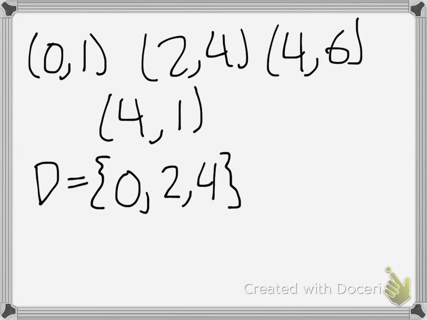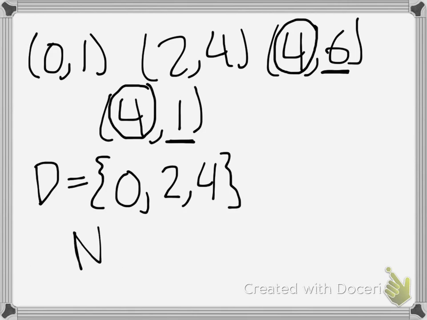So I want to make sure that every one of those domain elements has exactly one corresponding range element. But I have a problem. My problem is 4. Here's 4 in my domain, and here's 4 again. And their range elements are not the same. So 4 has two corresponding range elements, 1 and 6. So that tells me this is not a function.